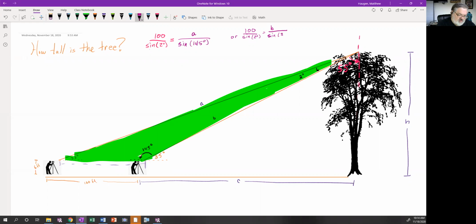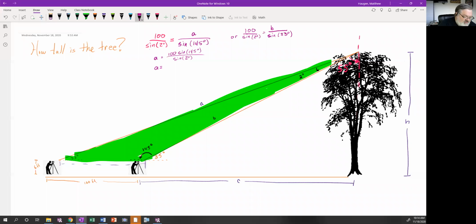So sine of the 33 degrees. So RA is 100 sine 145 degrees divided by sine 2 degrees.